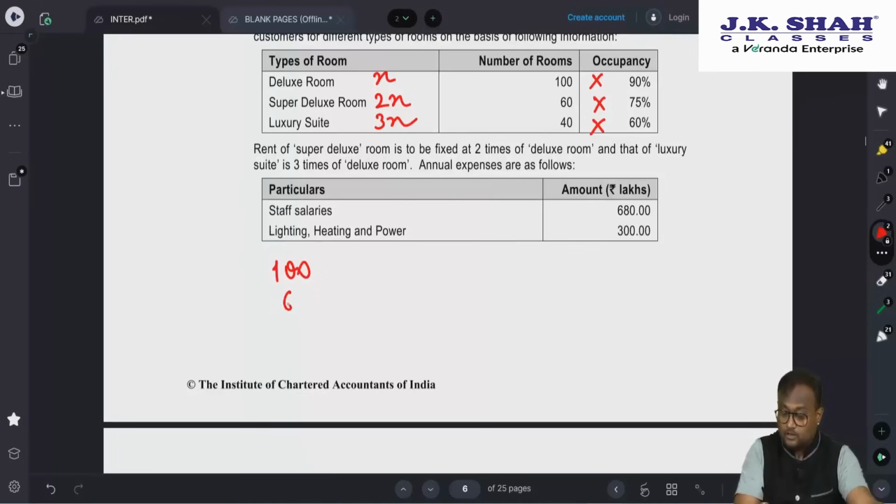So, 100, 60, 40 into 90%, 75%, 60%. So many rooms are occupied per day. How much for 360?